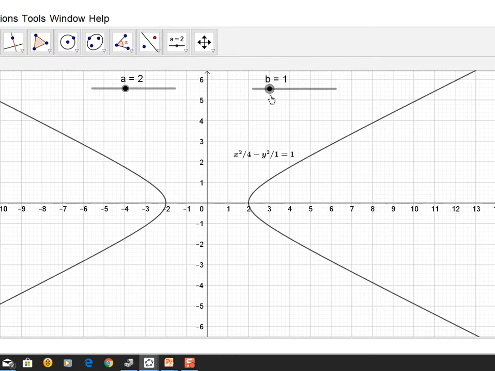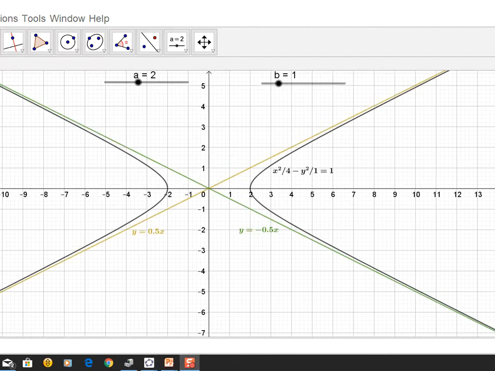Then you might be considering what is happening as x and y get very large. Well, the curve is in fact asymptotic to two asymptotes, and you can see there on this graph we've marked in the asymptotes, and this one is y equals 0.5x and y equals negative 0.5x.